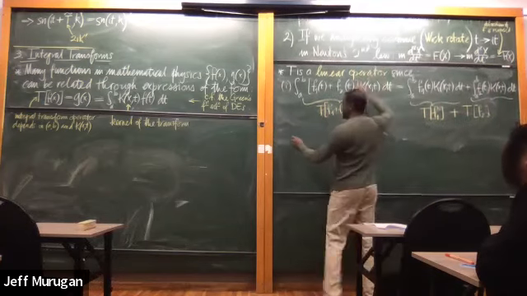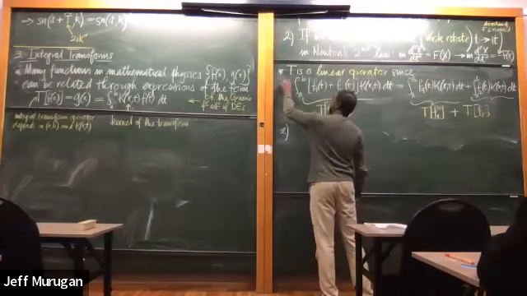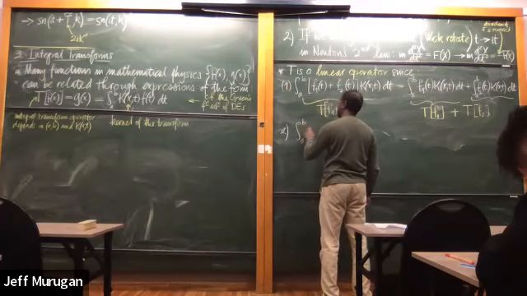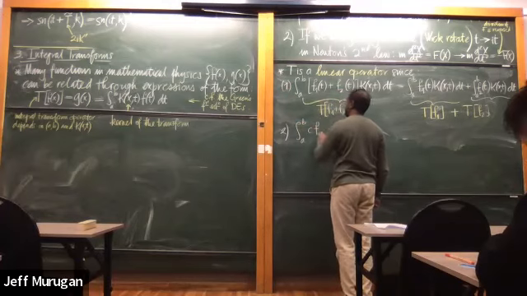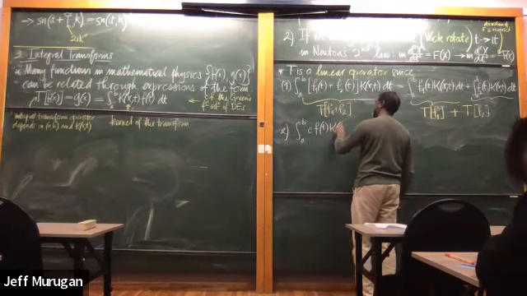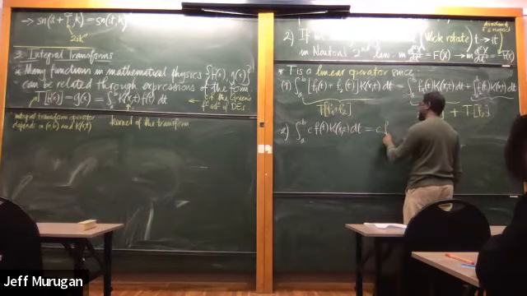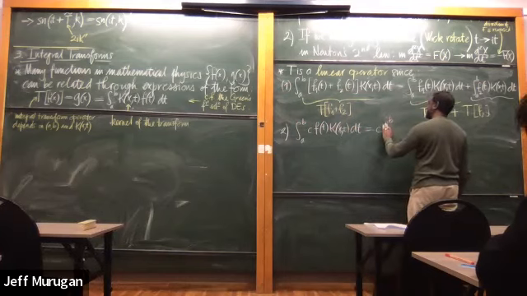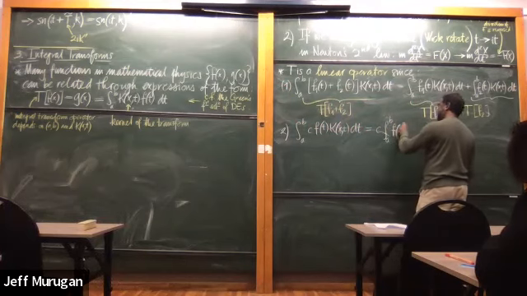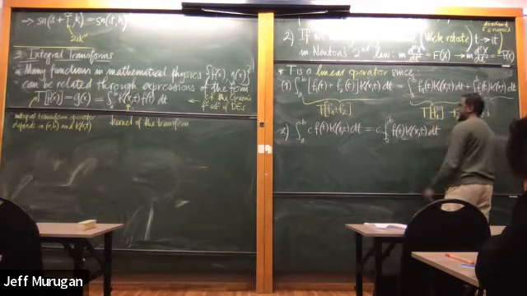Similarly, again, because of the way integrals work, the integral from a to b of some constant c times f of t times k of x t dt is the constant c times the integral from a to b of f of t k of x t dt.